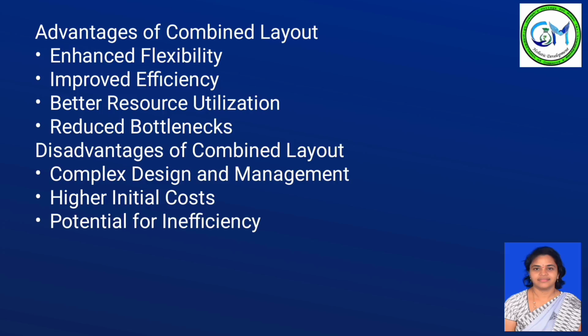Better resource utilization. Allows for more effective use of machinery, labor, space by combining the strengths of different layout types. And all these are meant to produce better product by utilizing all the resources in a proper manner. Reduced bottlenecks. It can be designed to minimize the bottlenecks by strategically placing workstations and equipment in a proper manner.